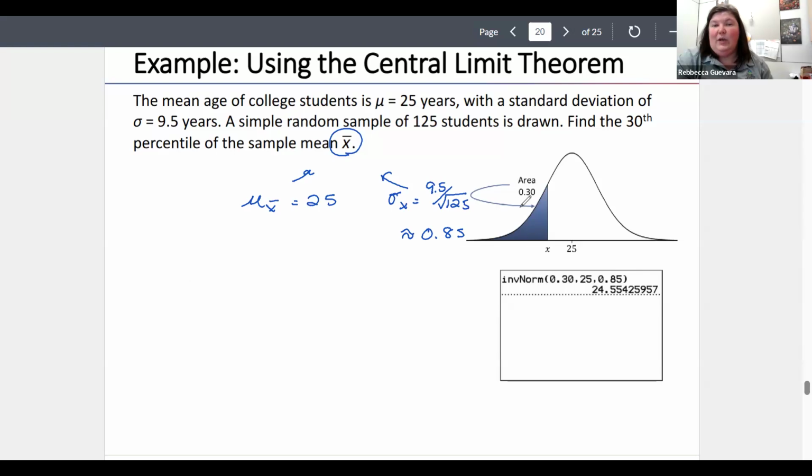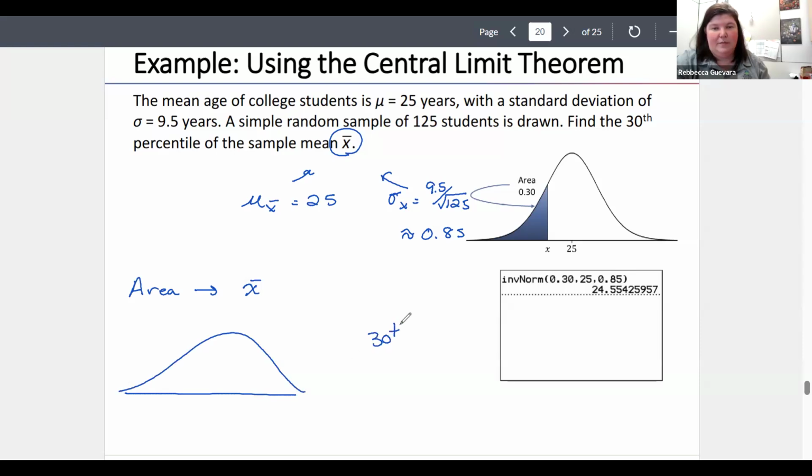So in this case, we have an area and we're trying to go backwards. So we're doing area and going back to find an X bar. So we do pretty much what we did before, we use the inverse norm. So remember when we're talking about a 30th percentile, that means that we're going to look at 30% below.